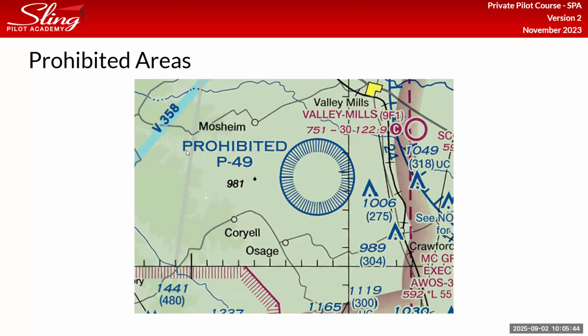Does that make sense? And it will say prohibited and it will say P and some number. This number is so you are able to look at what the prohibited area is for. Does anyone know where we would look for this information on special use airspace?